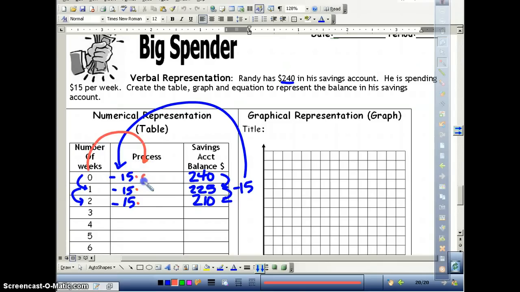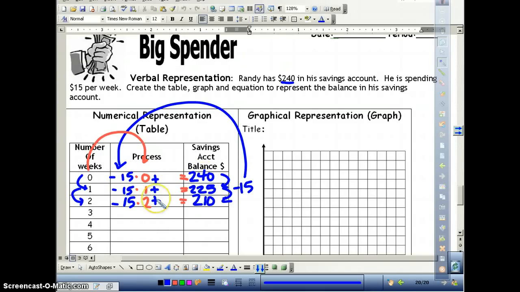Yep, your x values. And does negative 15 times 2 equal 210? No, you're going to have to add or subtract an adjustment. Negative 15 times 0 is 0, but they say the answer is 240. What do you have to add on to 0 to change it to 240? I hope it's the same number you're adding on here and here.